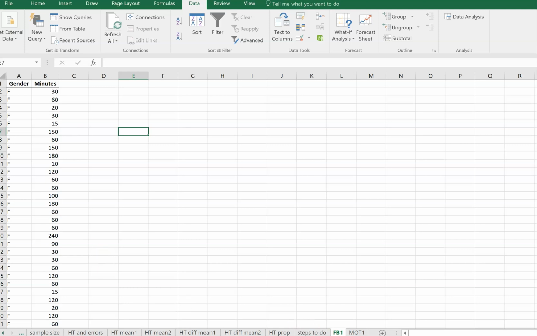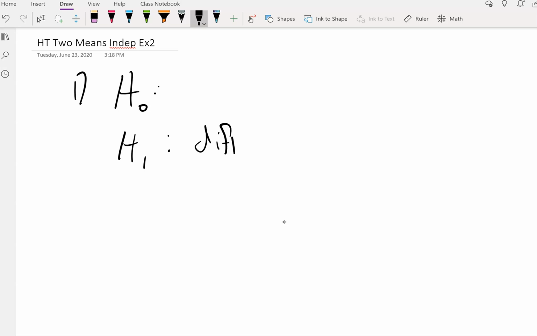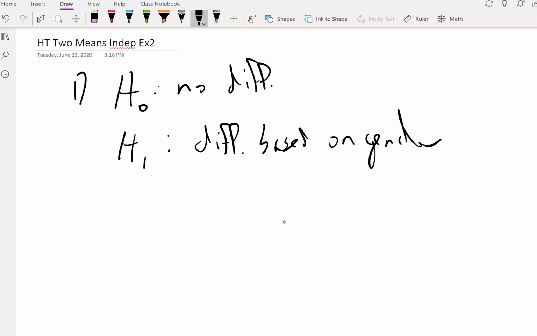So what I like to do is I like to go through my steps of hypothesis testing. Step 1, quickly, to the point. I'm testing to see if there is a difference. There is a difference based on gender. So I'm going to assume the opposite. I'm going to assume there is no difference based on gender.